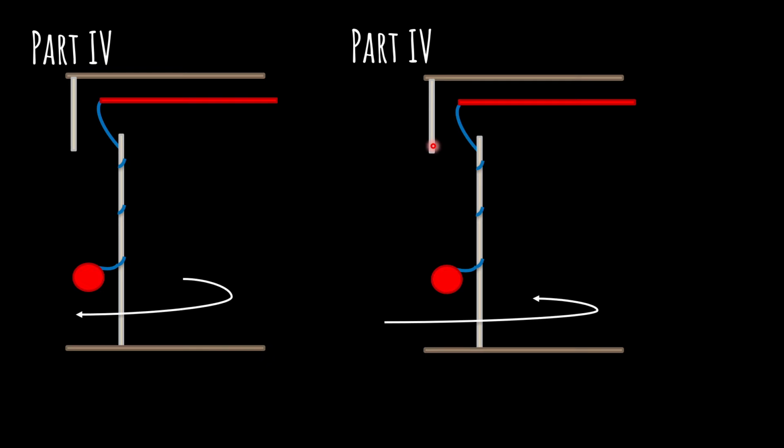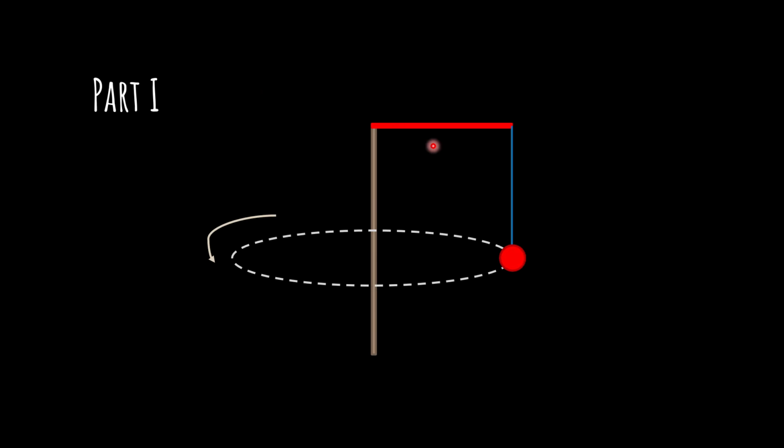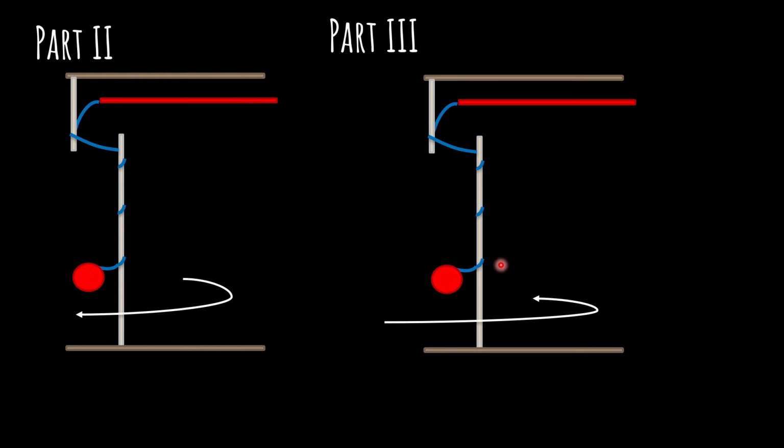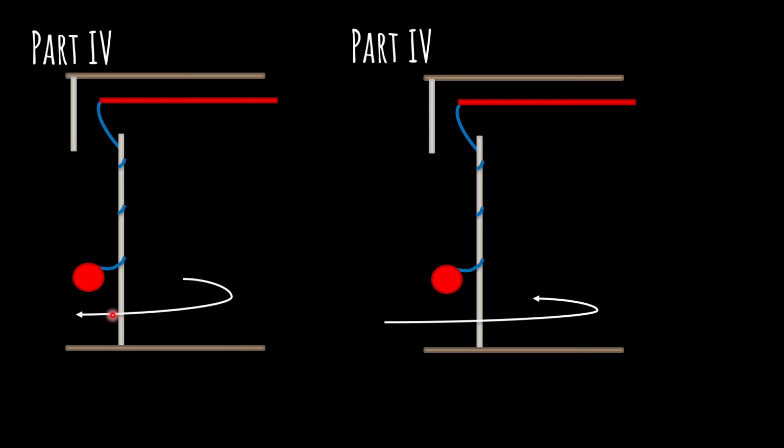So we observe that the whole system can be divided into 5 parts, and parts 2 to 5 are very similar to one another. The difference between part 1 and the other parts is only in the length of the string. In part 1, the length always stays the same, and for parts 2 to 5, the length gets shorter and shorter every time it wraps around the stick.